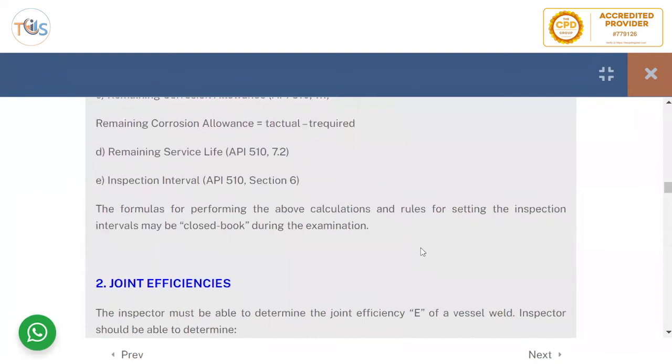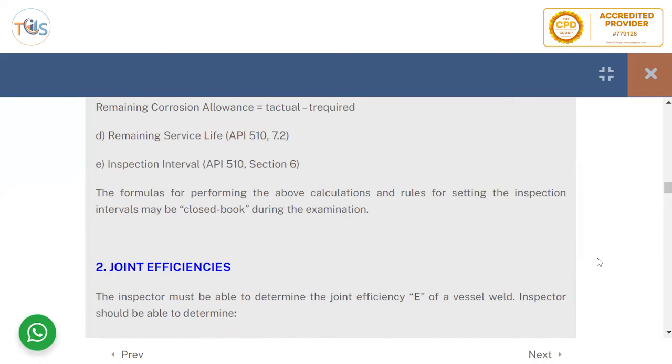Based on the corrosion rate, say 1 mm per year, you can see how much corrosion allowance is left, and depending on the corrosion rate, you can do a simple division and find out the life of the vessel. And normally they use a half-life rule, so divided by 2, you find the next inspection interval. These calculations are mostly closed book.